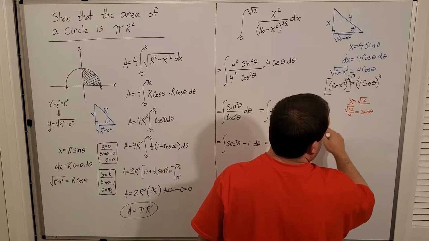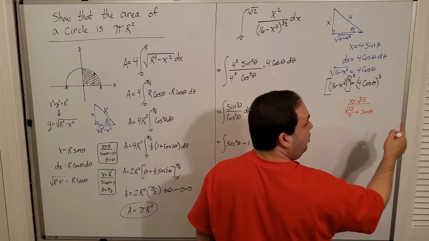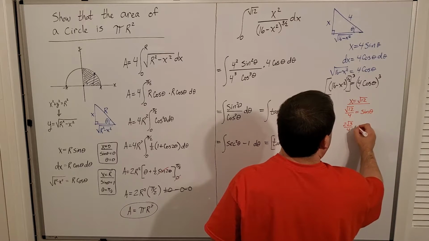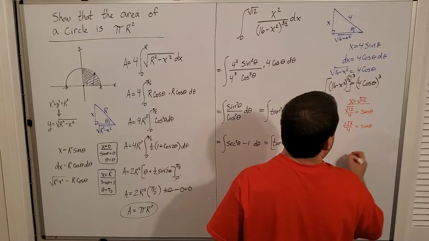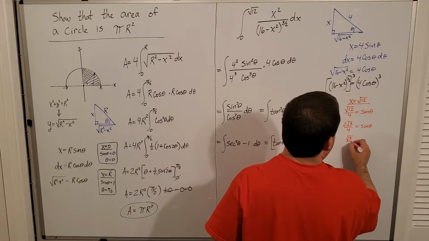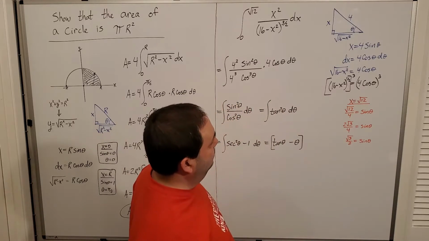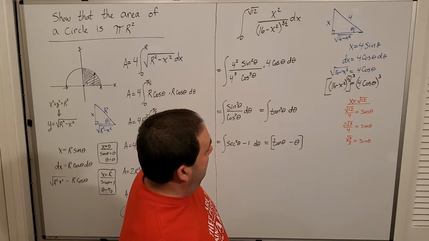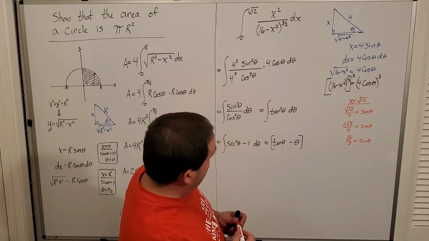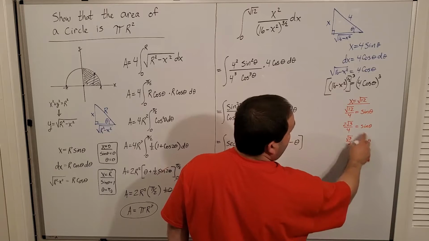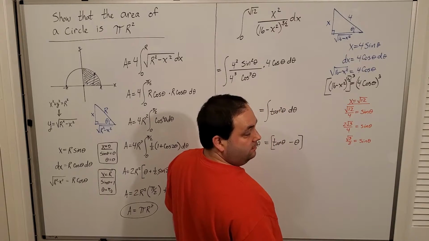The square root of 12 is 2 square root of 3 over 4, which gives me square root of 3 over 2 is equal to sine theta, like so. Okay, so then I'm going to pick the quadrant 1 answer for this, right?